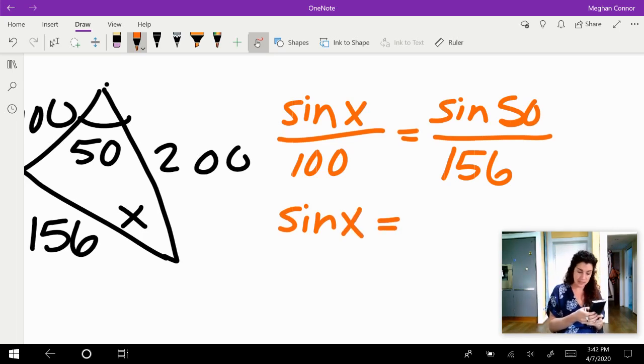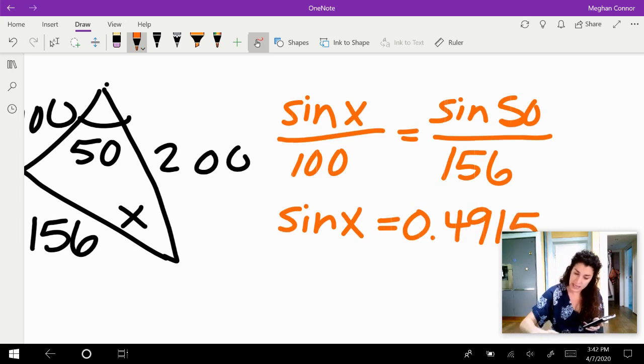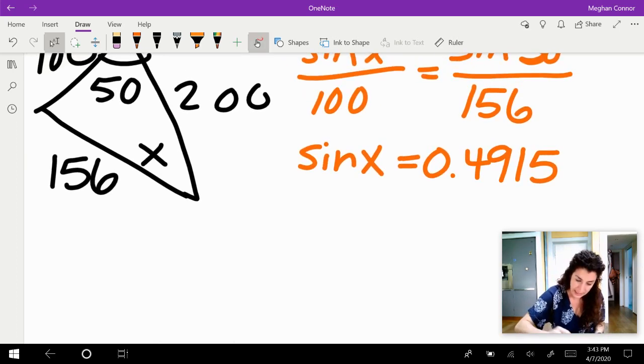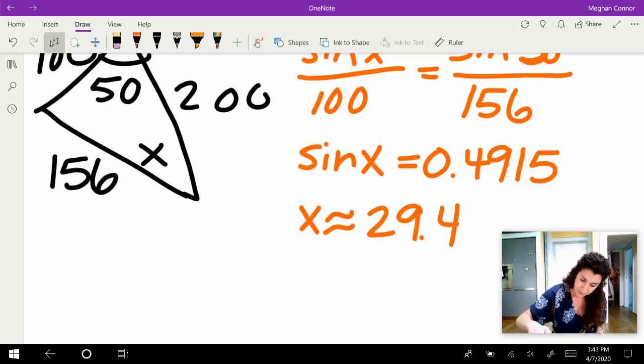So 100 times sine of 50 divided by that 156 number, which is saved in my calculator. And so I get sine X is equal to 0.4915. Then I'm going to take the inverse sine of that value, and I get that X is about 29.4 degrees.